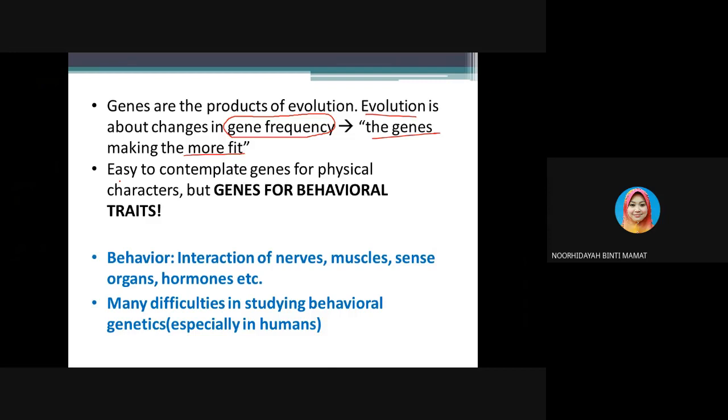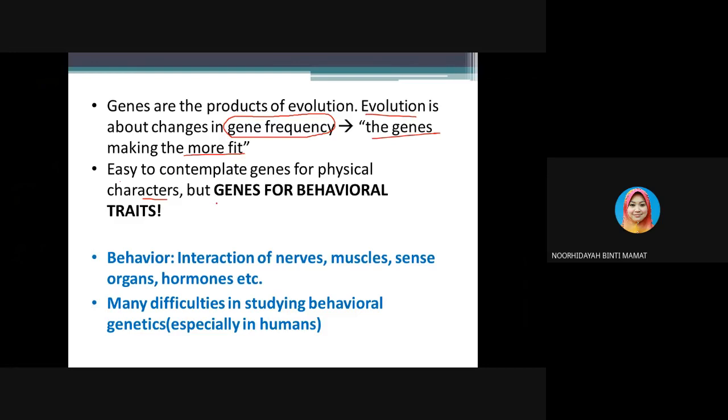It is easy to identify genes for physical characters. For example, we can easily know the physical characters of the gene, such as hair color, skin color, the skin of the animals or organisms, or eye color.